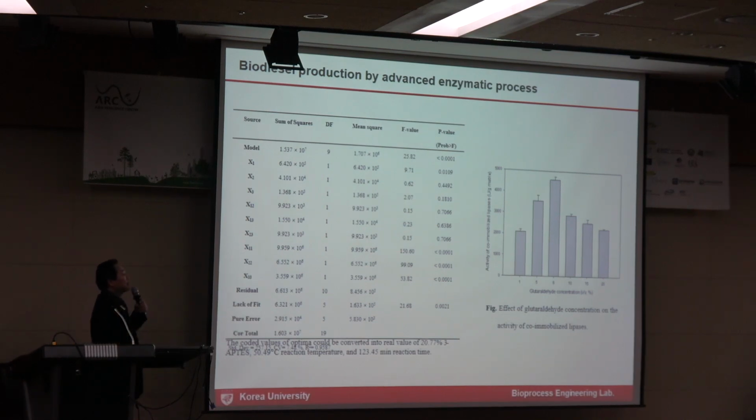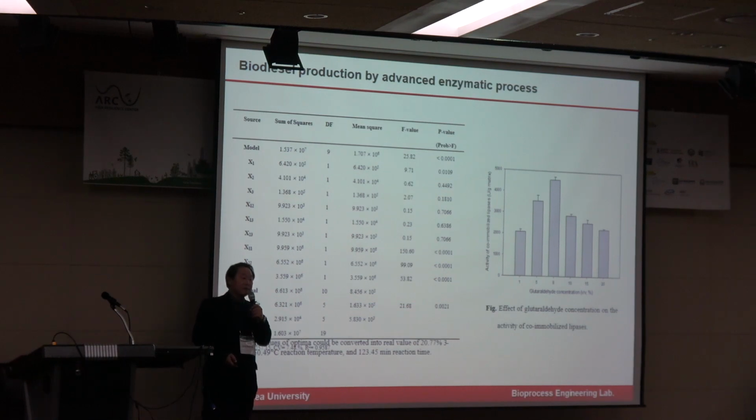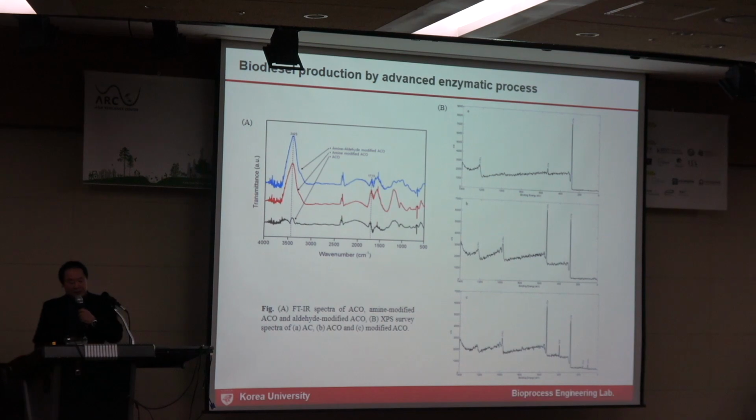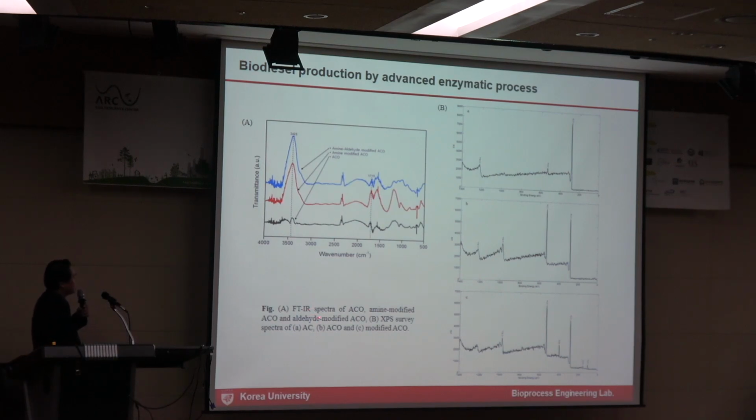Also, you have to use a linker like glutaraldehyde, which has bifunctional groups. If you use glutaraldehyde directly, it's quite toxic, so you have to modify glutaraldehyde as well. And you should prove the proper functional group was generated based on FTIR or XPS.